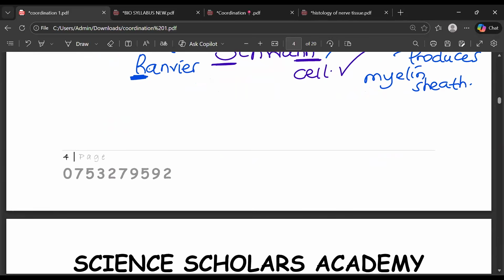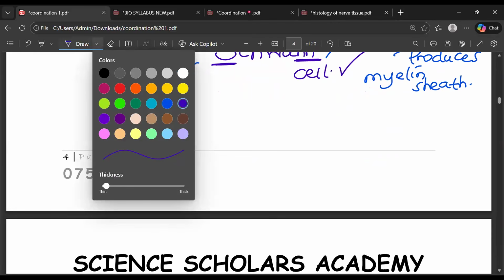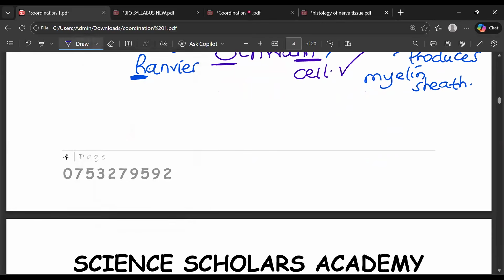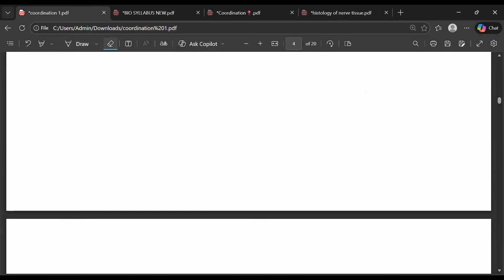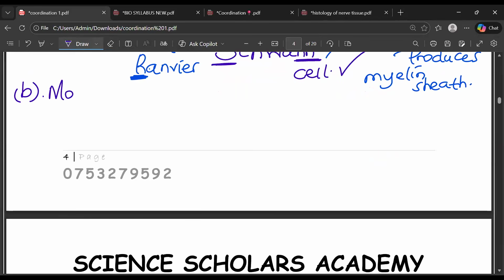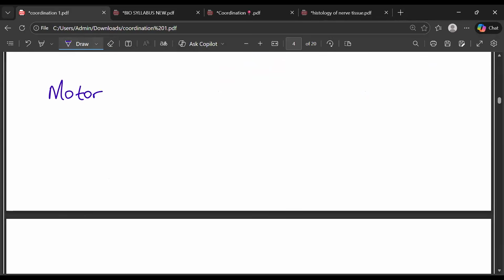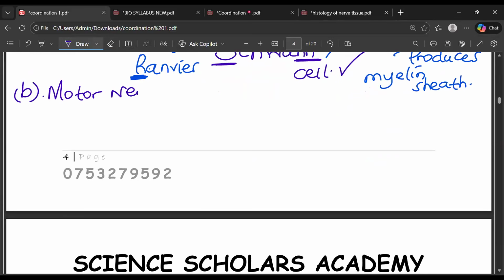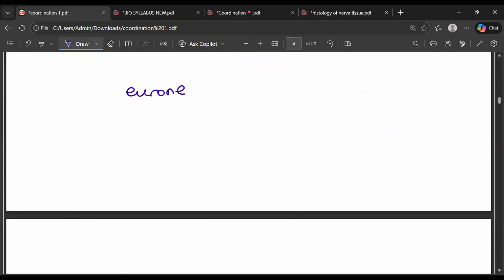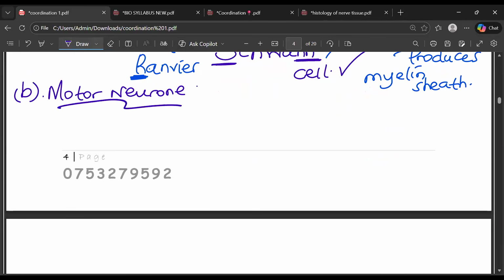So before I talk about the node of Ranvier and everything, let me just show you something about the motor. You don't want to waste a lot of time on it, because what you guys need now are the functions of everything that we've looked at.